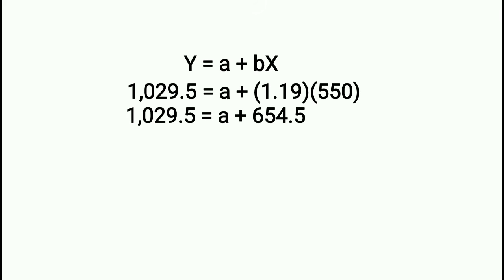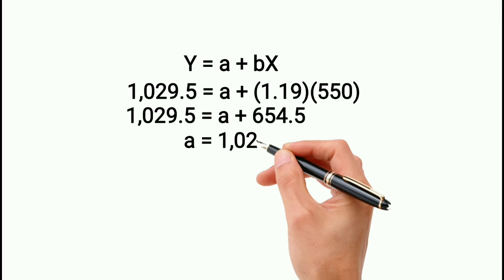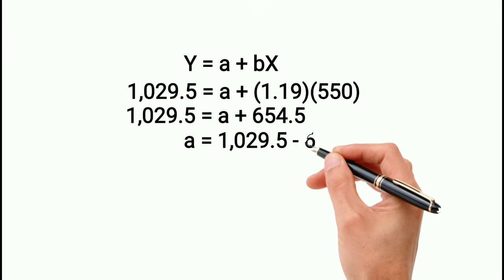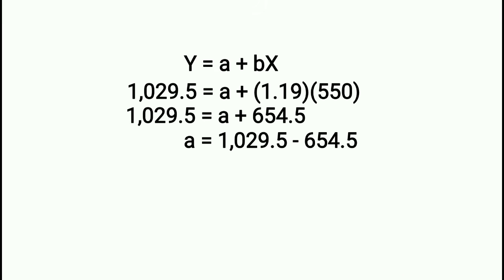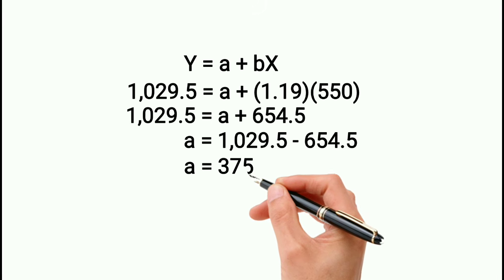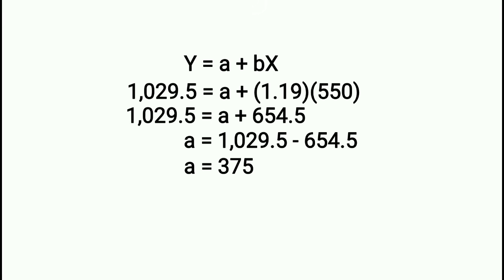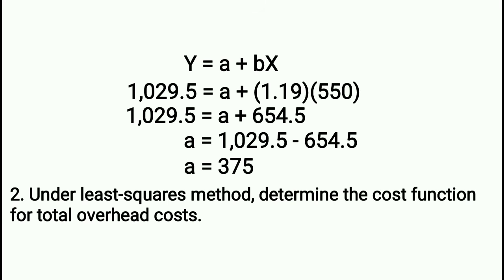Next, since ang kinocompute natin dito ay A, A is equal to 1029.5 minus 654.5. Therefore, A is equal to 375. Since na-compute na natin yung B at A, we can now provide the cost function for total overhead costs.